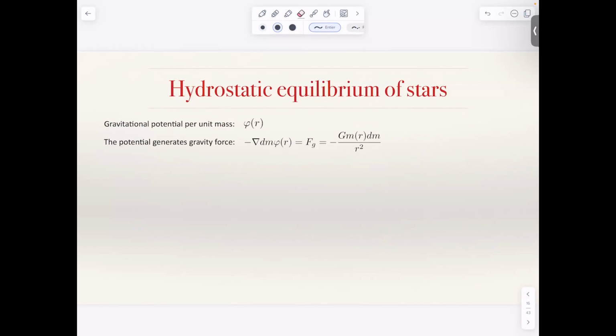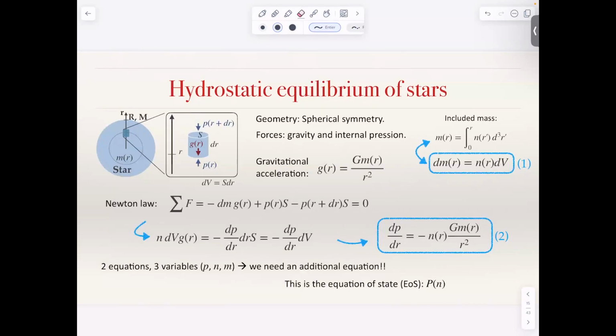Yes, correct. So in fact, you could apply that to all stars, but black holes and neutron stars, because these two objects are ruled by general relativity, and then you have to correct these equations to include general relativity.